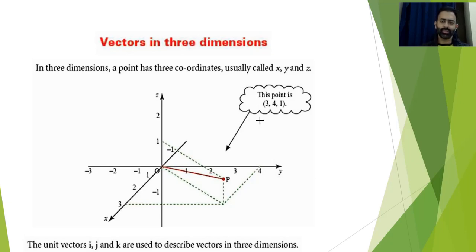If a point is 3, 4, 1, we can define the position vector of that point, OP, as 3i cap plus 4j cap plus 1 into k cap, which is just k cap.